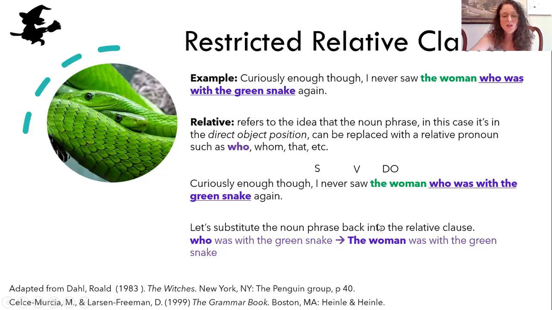Because that noun phrase is in the subject position of the clause. Remember, the definition of a clause is that it has a subject and a verb, okay? If that noun phrase is in the subject position, then I should choose who. If it were in the object position, I would choose whom.